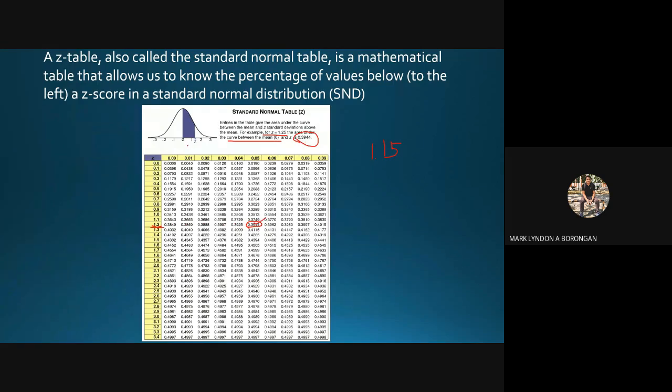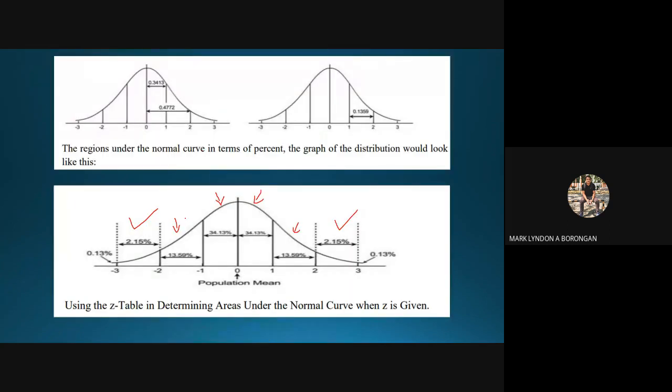So this is 0.3944. As I said previously, if it is near the average, it is most likely 0.34 or 34%.